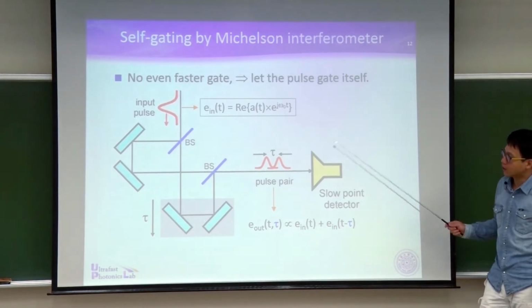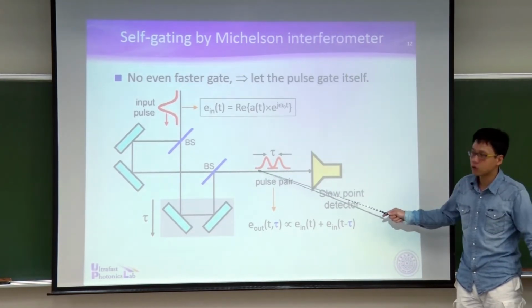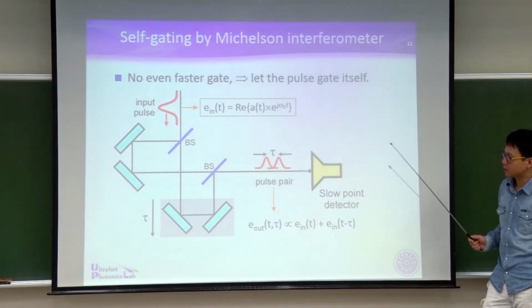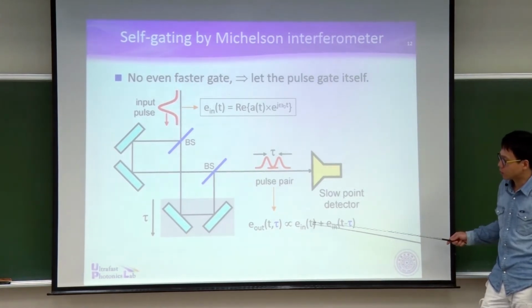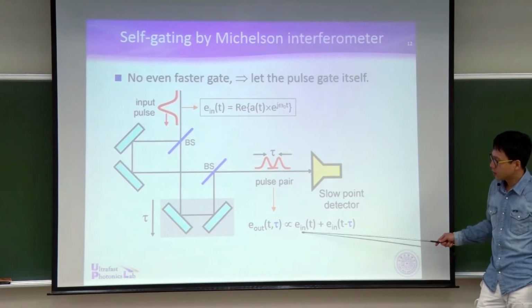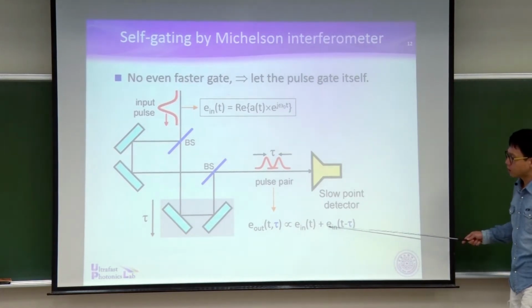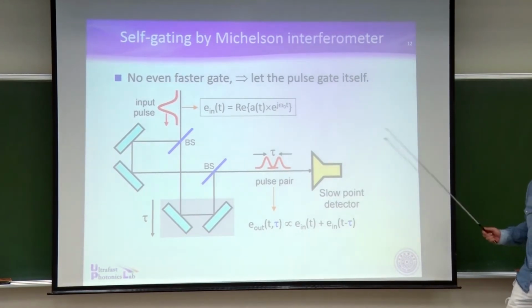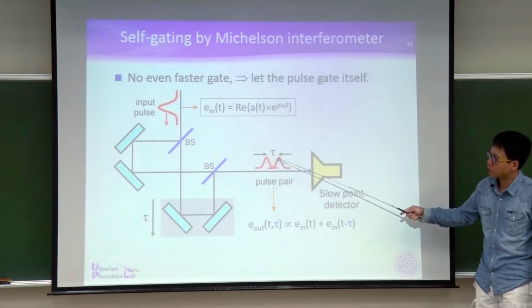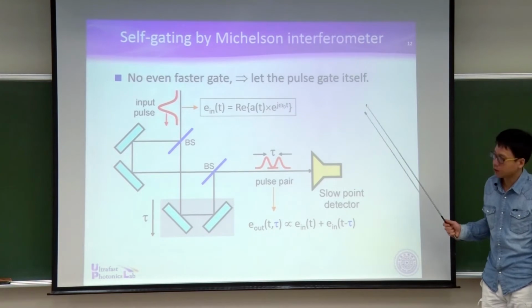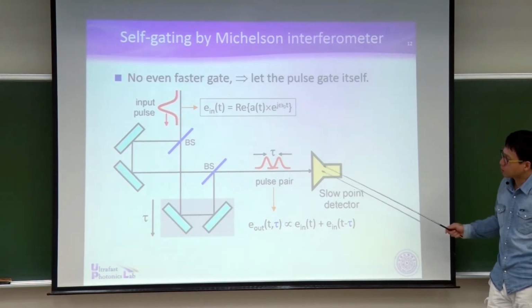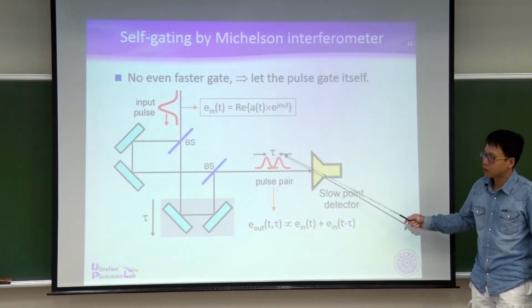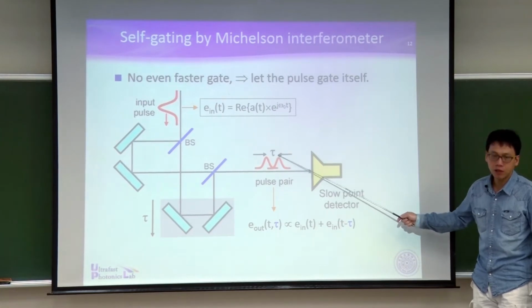Mathematically, what is the electric field of the pulse pair? Okay? It's not difficult. Now it's proportional to E sub in of t plus E sub in of t minus tau. Maybe the first one is proportional to the input field, and the second one is proportional to the input field with a time delay tau.